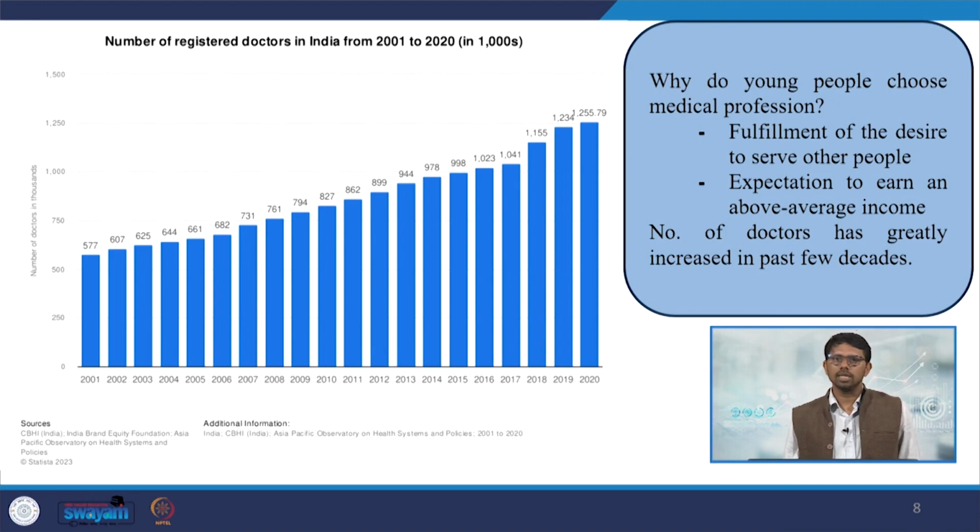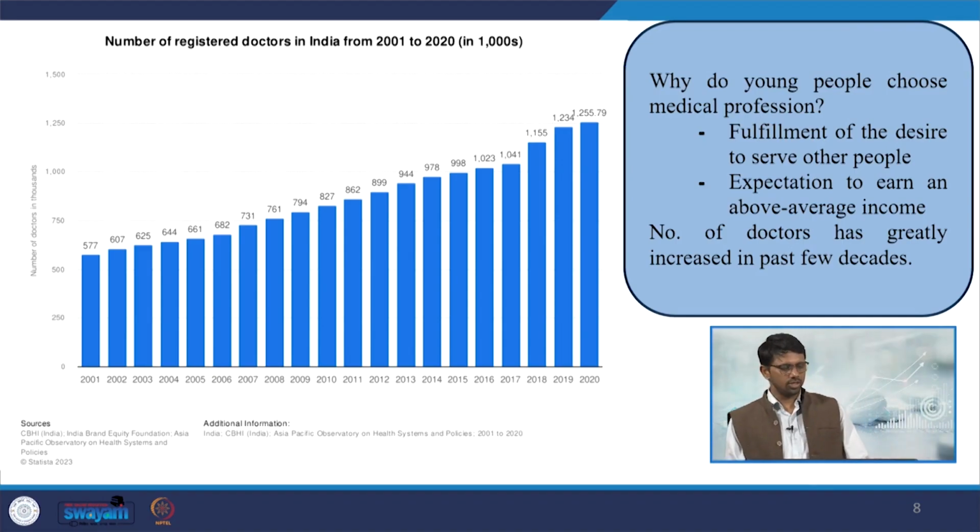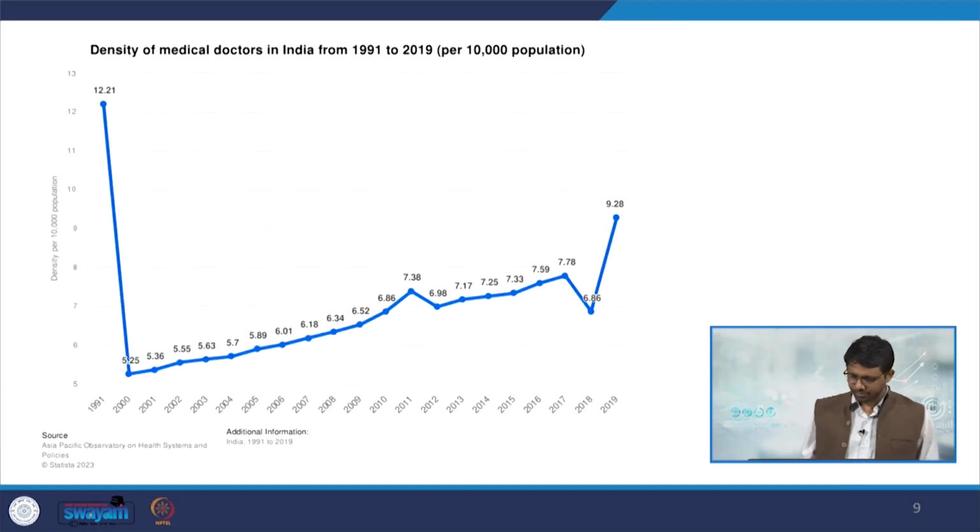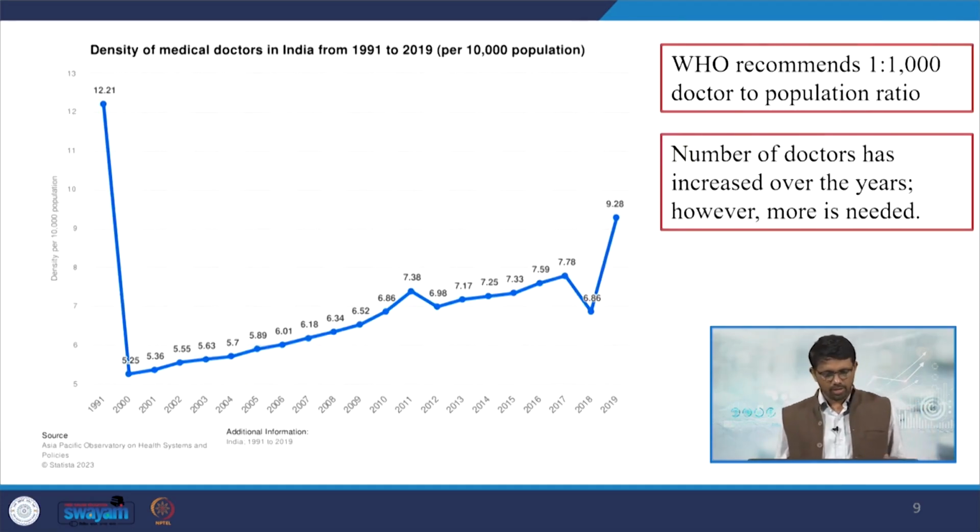The number of doctors has greatly increased in the past few decades. However, given the standard ratio prescribed by WHO, India is still falling short. Here the density of medical doctors in India from 1991 to 2019 per 10,000 population is mentioned, from the same source.